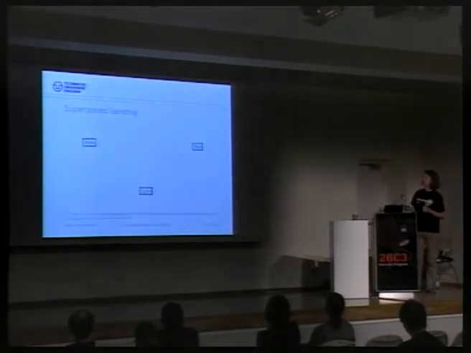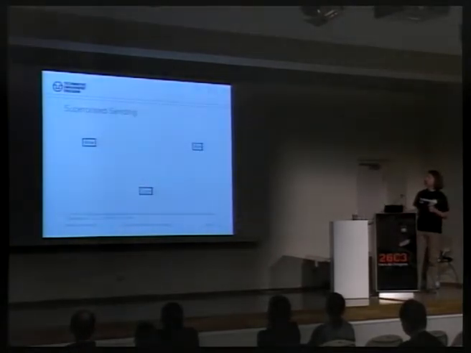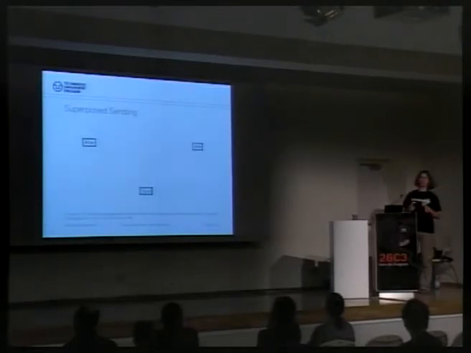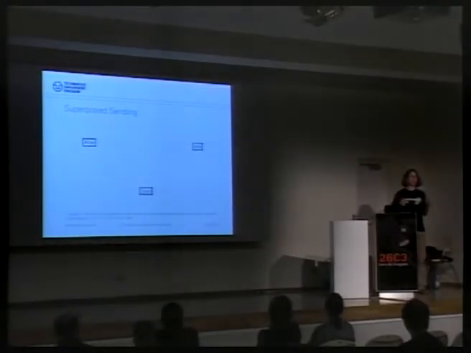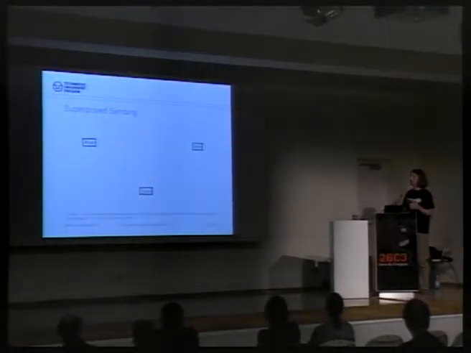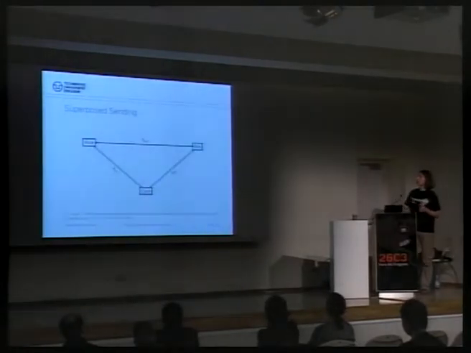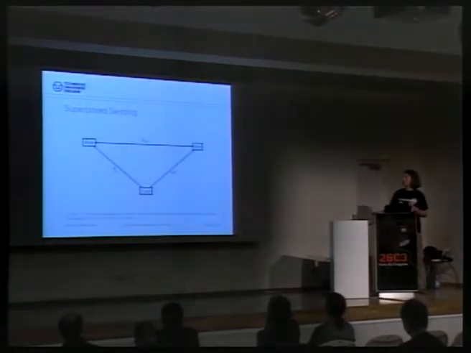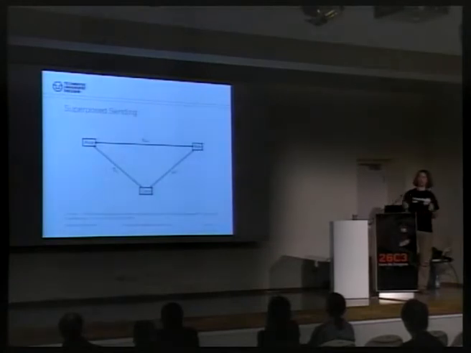The primitive I'm talking about is superposed sending, also known as the DC network, which was introduced by David Chaum as the dining cryptographers problem. This is a protocol for sending a message anonymously. Think of three people, Alice, Bob, and Carol, who want to send a message and be anonymous while doing so. First, everybody exchanges a key, which is just a random number.